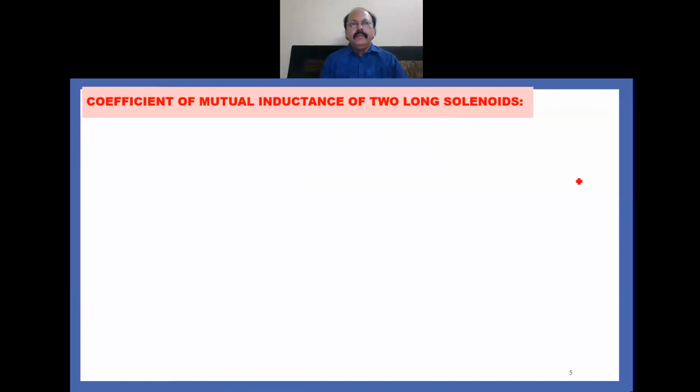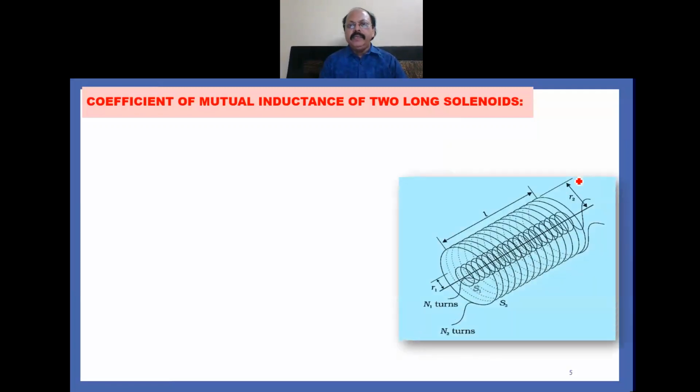Now, coefficient of mutual inductance of two long solenoids. So for that purpose, we consider two long solenoids S1 and S2 having the radius R1 and R2 respectively and the number of turns N1 and N2 respectively, and they are of equal length represented by small l.